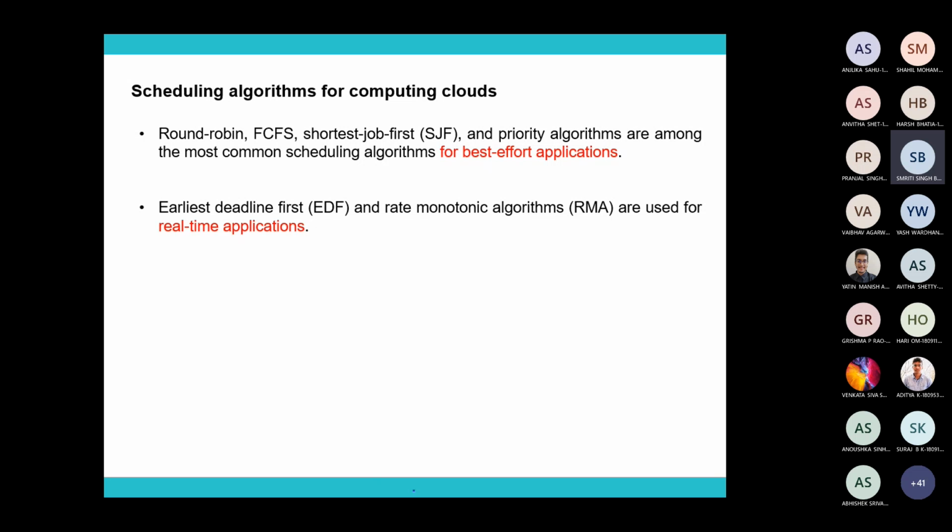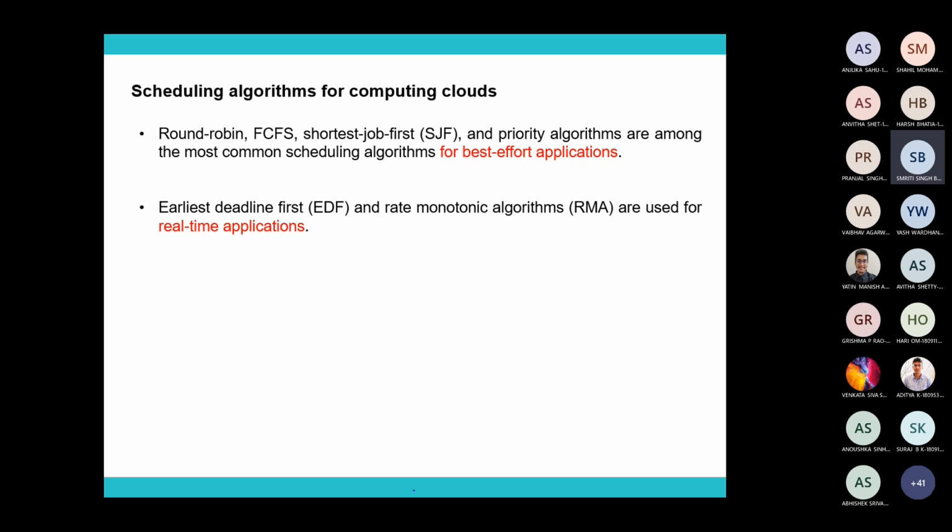And some of the algorithms for best effort applications are round robin, first come first serve, shortest job first, and so on. These best effort algorithms will make sure that all applications will be running, but they may not consider the deadline.